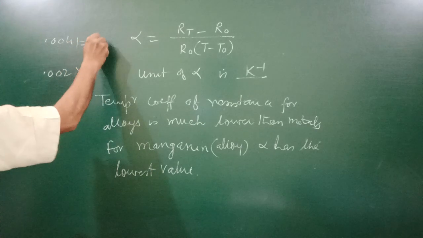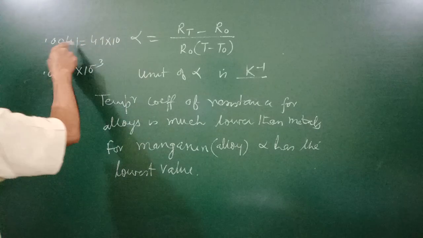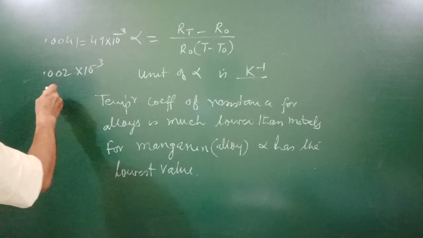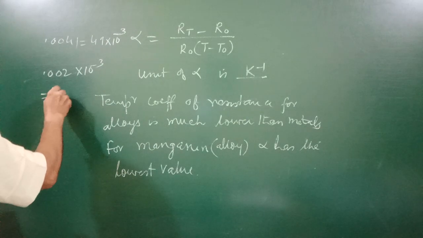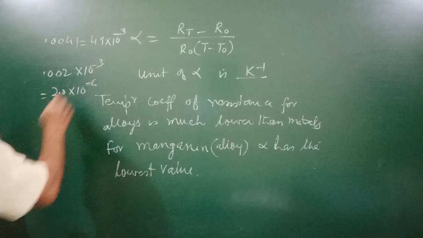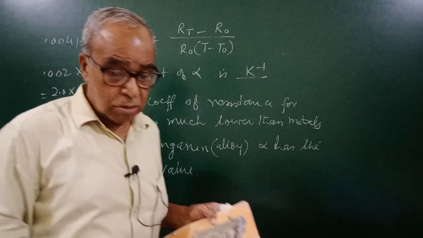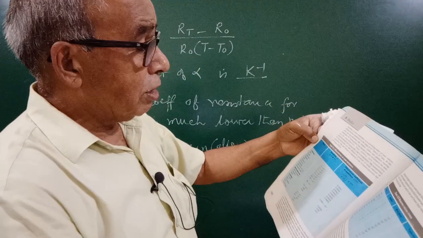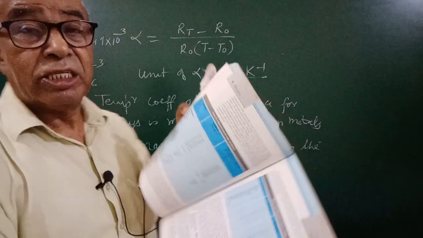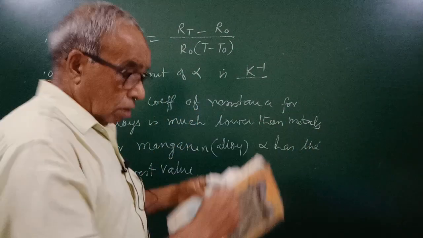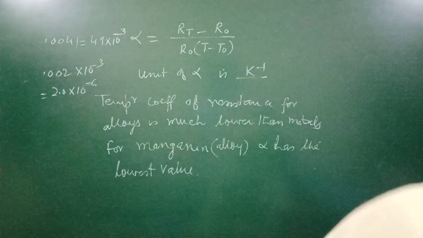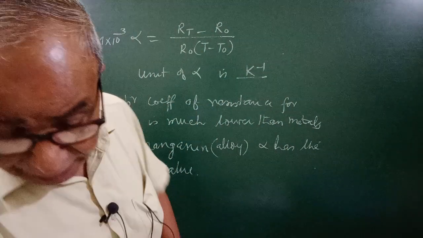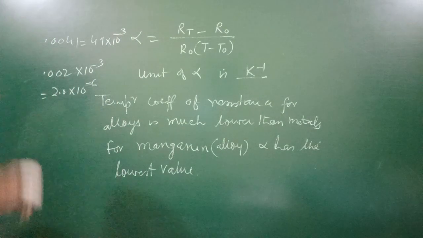In power of 10, that is 4.1 times 10^-3 for silver and 2.0 times 10^-6 for manganese, so 1000 times less. This is table 3.1 on page 102. Please study this table.